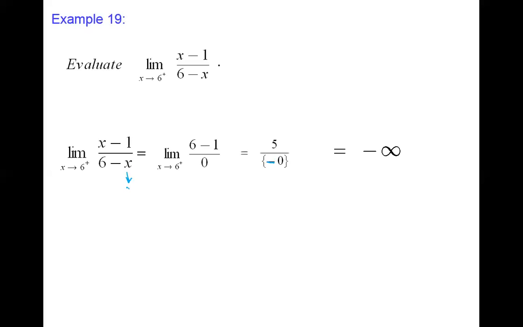Okay, this is 6 from the right-hand side, 6.1, 6.01, 6.001. We can definitely see the quantity is negative. That's the reason that we do have negative, and it's negative infinity because of constant over negative 0.